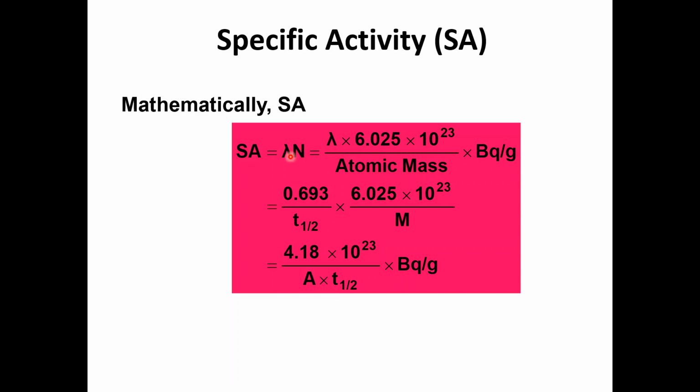That is how we calculate the activity in terms of mass. Lambda in terms of half-life is 0.693 divided by the half-life. So you just put in the relations and the values, do the calculations, and you get these values.